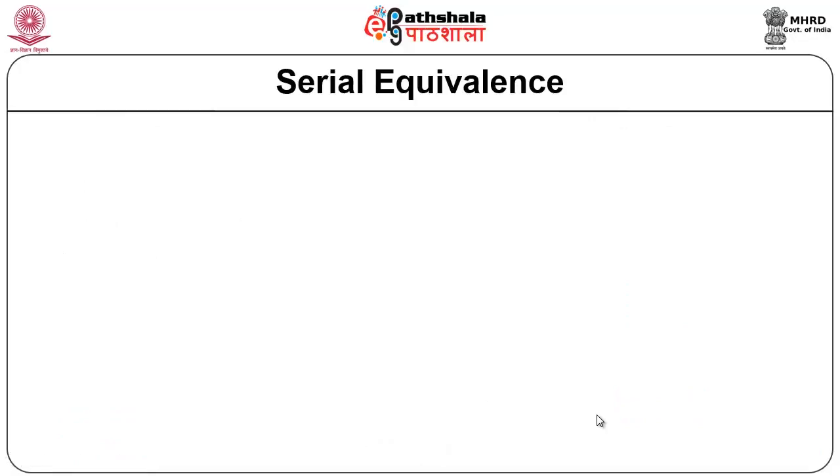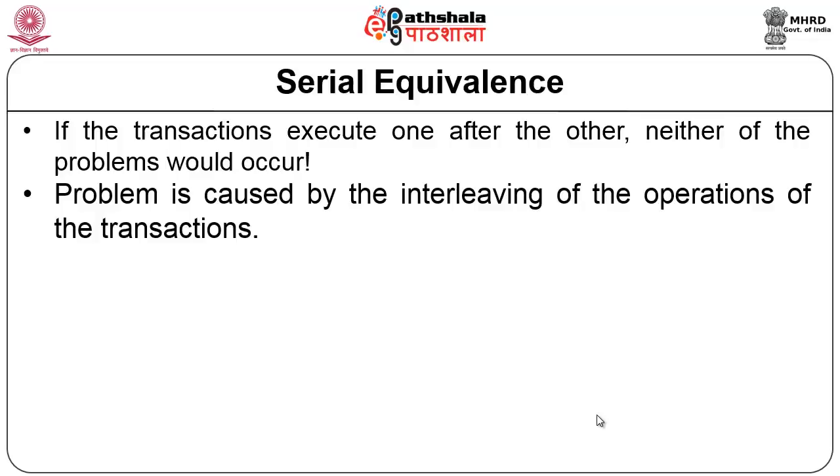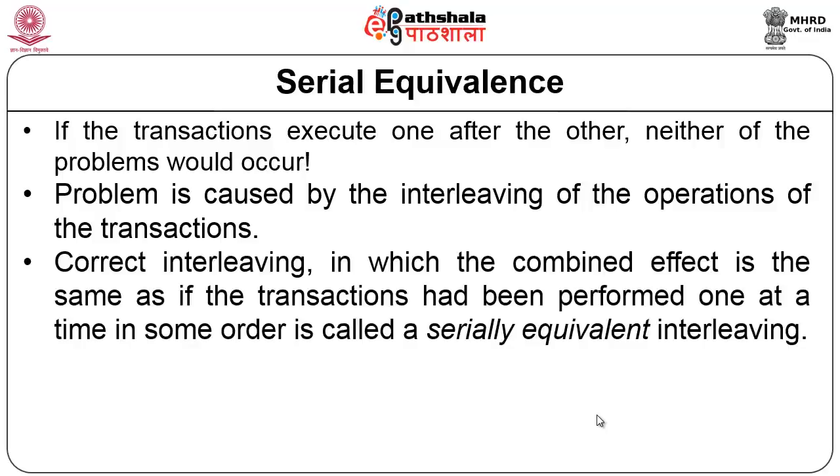So, how does one solve the inconsistent read problem? By creating a serial equivalence. A serial equivalence of what? That is what we will see. If the transactions are executing one after the other, then none of the problems will occur. So, the interleaving of transactions is causing the problem. Does it mean that we cannot interleave at all?